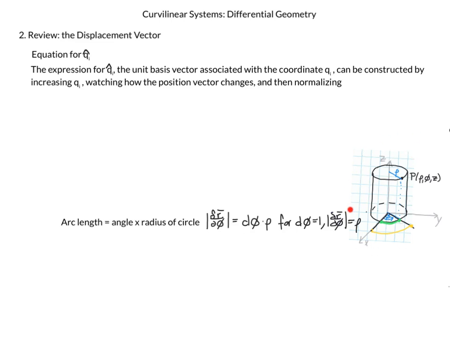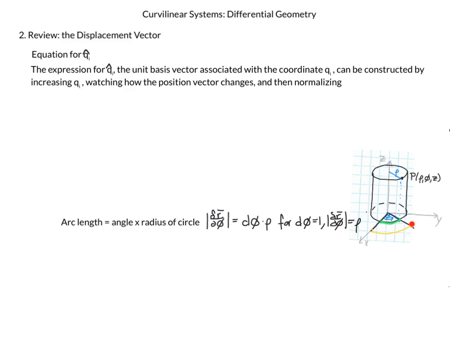You can see in this picture, if we increase phi a little bit, how it affects the change in position of our vector p will depend on how far out the radius is. If we're at a small radius and we change phi by a little bit, p will change a little bit.